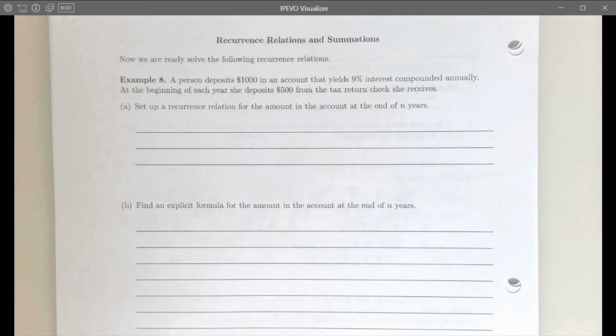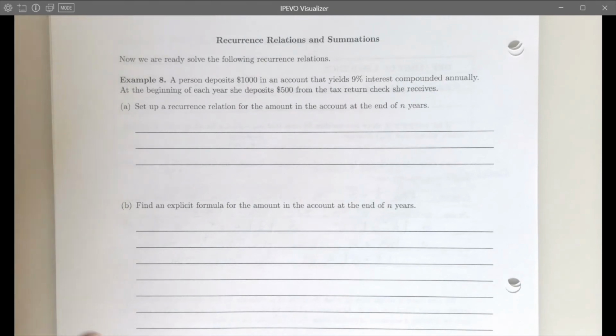Okay, so example 8 reads, a person deposits $1,000 in an account that yields 9% interest compounded annually. At the beginning of each year, she deposits $500 from the tax return check that she receives. Set up a recurrence relation for the amount in the account after n years.